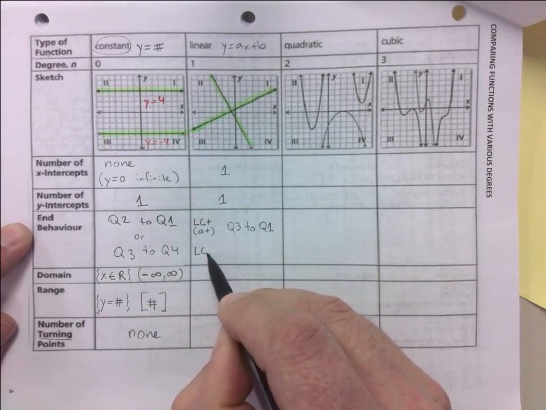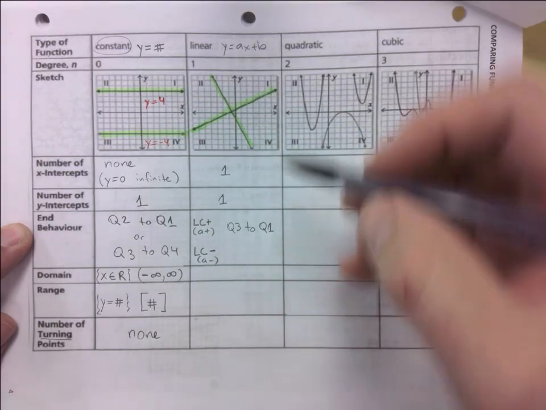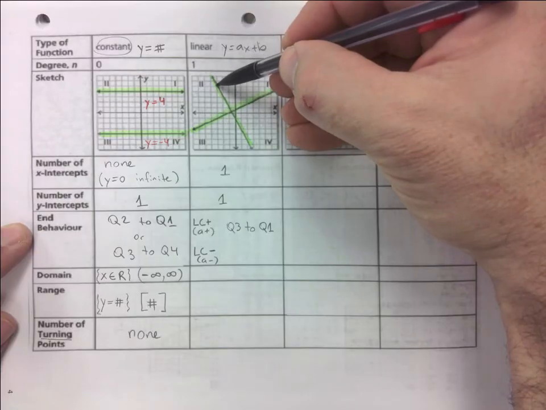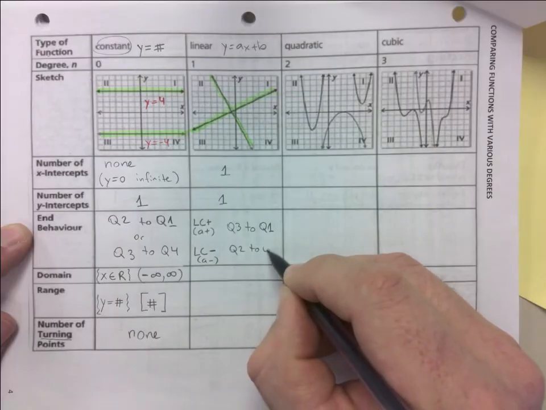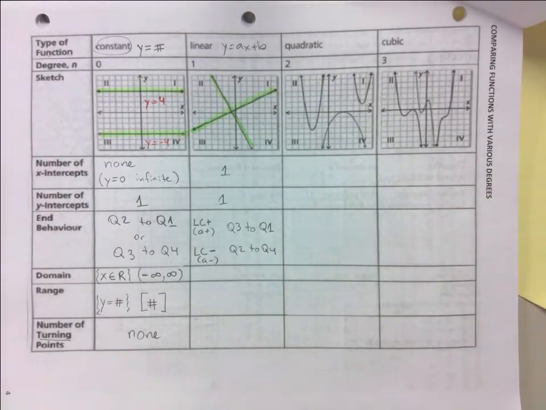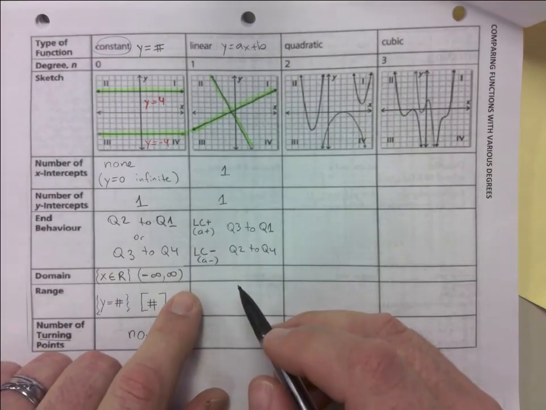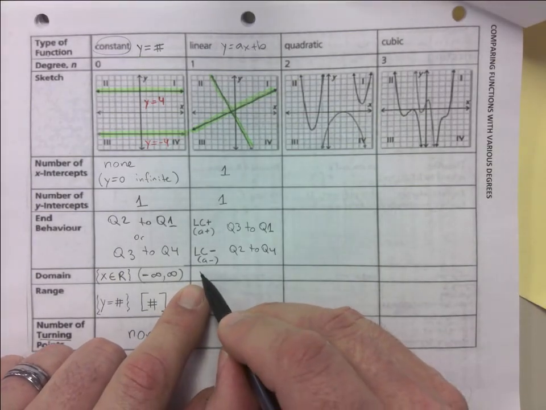If the leading coefficient is negative, i.e. a is negative, you're going to be dropping. You're going to go from Q2 to Q4. Q2 to Q4.